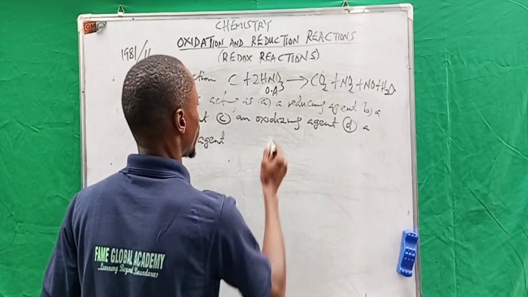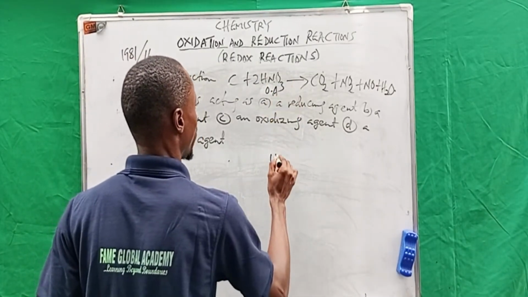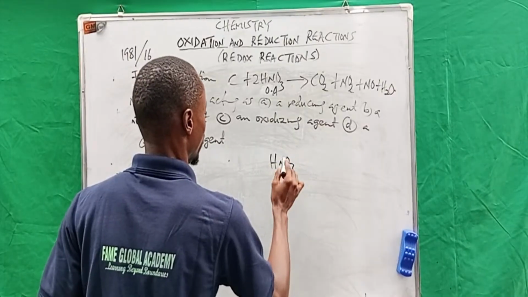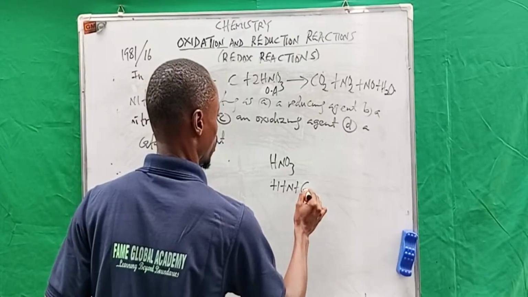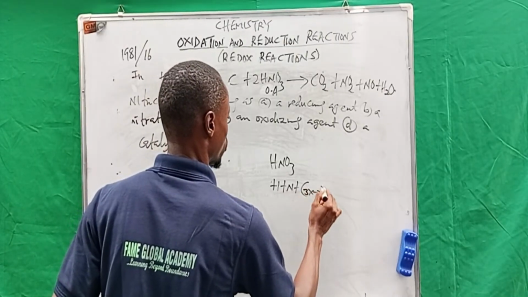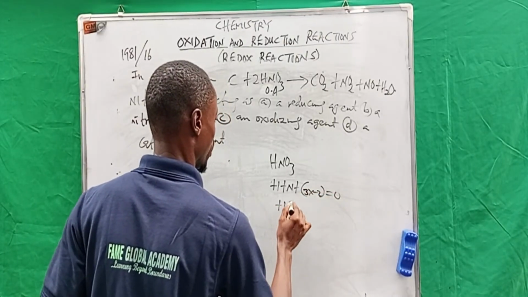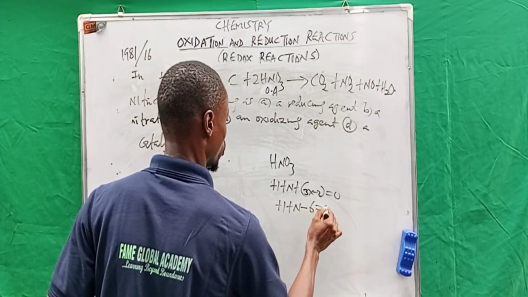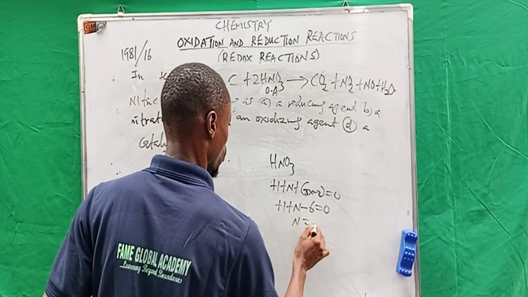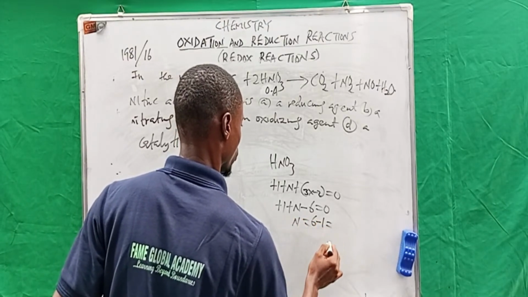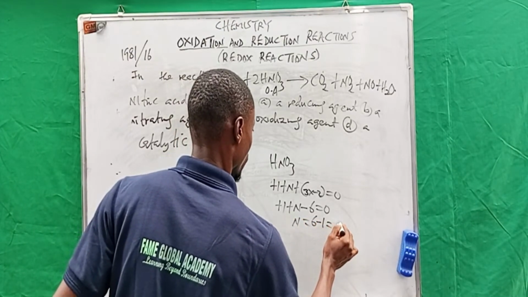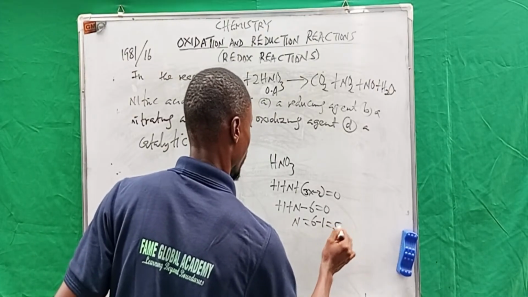Now, let's check the oxidation number of nitrogen in this compound. HNO3. Nitrogen, we have +1 plus N plus 3 times minus 2 equal to 0. We have +1 plus N minus 6 equal to 0. We have N equal to 6 minus 1 equal to 5.